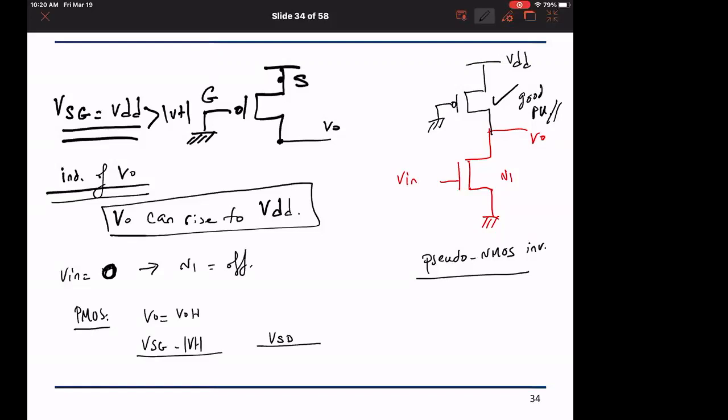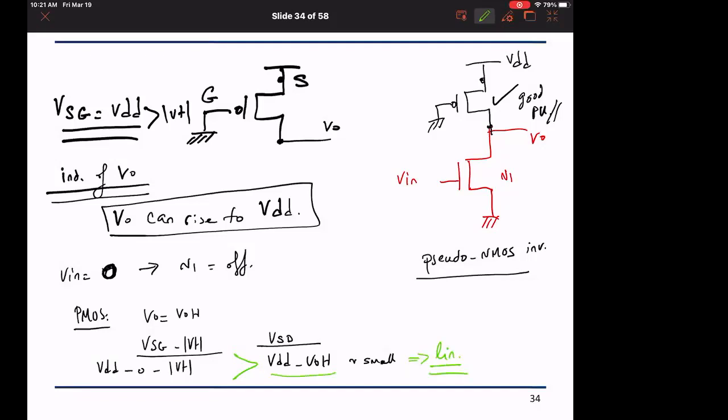So what is VSD for the PMOS? It is VDD minus VO, which is VOH. So this is a small quantity because VOH should be close to VDD or equal. And VSG minus VTP is equal to, as we said, VDD minus 0 minus the magnitude of VT. So who is larger? VSD is smaller, so the device is going to be in the linear region.